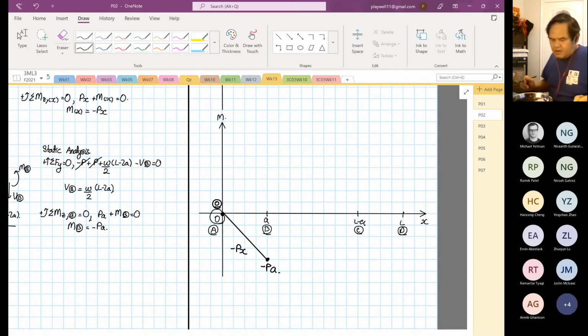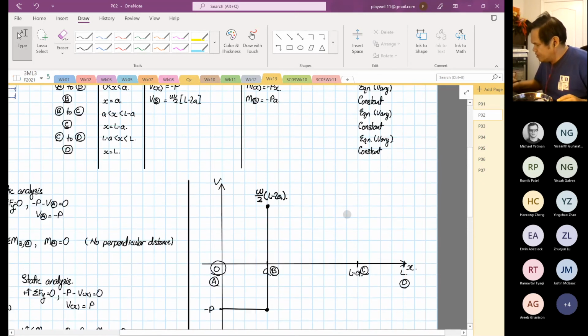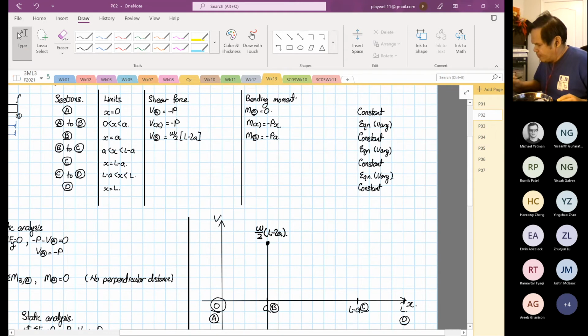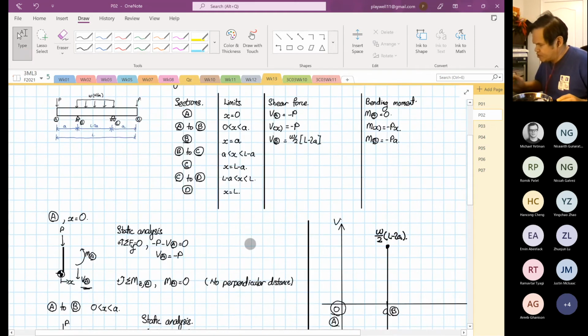Now the next one is not difficult, but there are more factors involved. Any questions so far? I think drawing this based on the equation is simpler. Some of you can do this based on experience, by just looking at it, you can sketch the shear force and bending moment diagram.